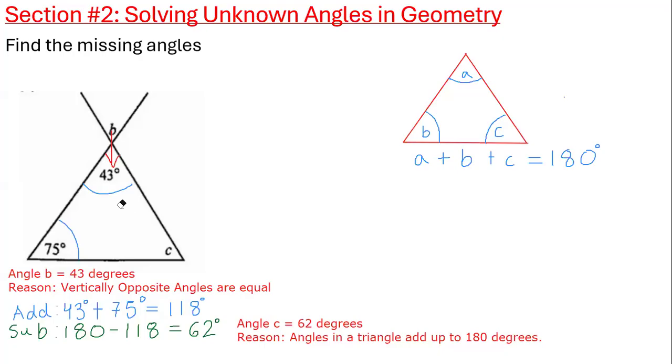We add these two, 75 and 43, to get 118, and because angles in a triangle add up to 180, we do 180 minus 118, which gives us 62 degrees. So angle C is equal to 62 degrees. Does that make sense to you?